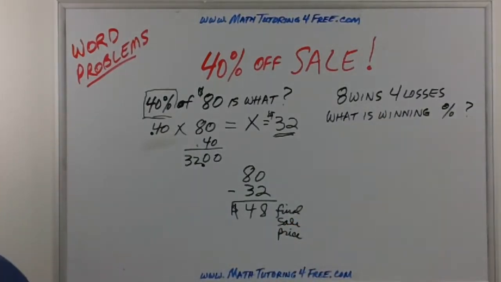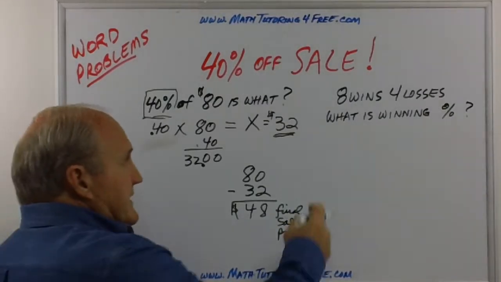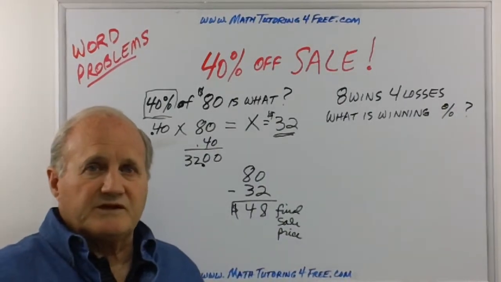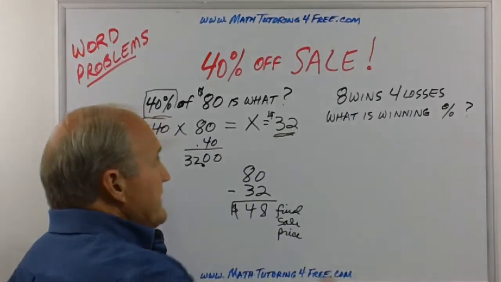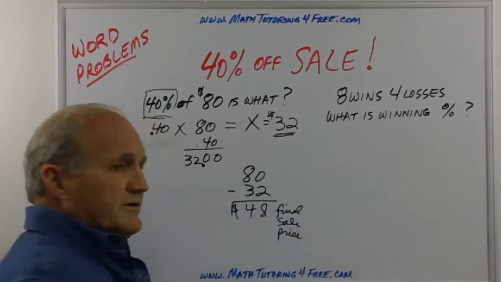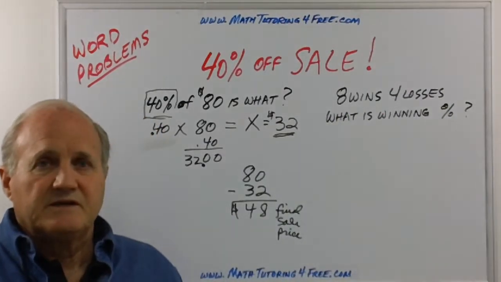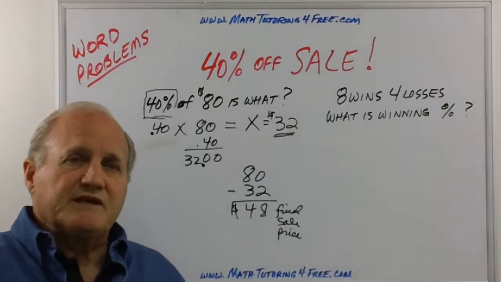Okay? Second thing is when they ask you to find a percentage of something, and let's look at maybe we've got a school baseball or football team here, and this year they had 8 wins and 4 losses, and they want to know what their winning percentage is. Okay? It's a percentage of what?